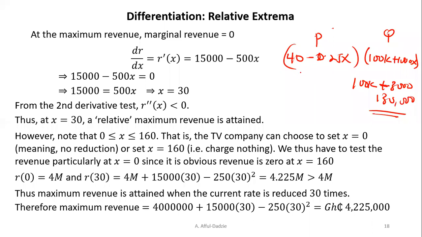Now, if we have to find the rate, then it's going to be 40 minus 0.25 times 30. And what is 0.25 times 30? I think that's 7.5, isn't it? So 40 minus 7.5, you have 32.5.